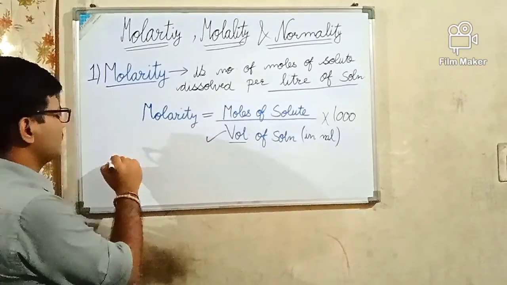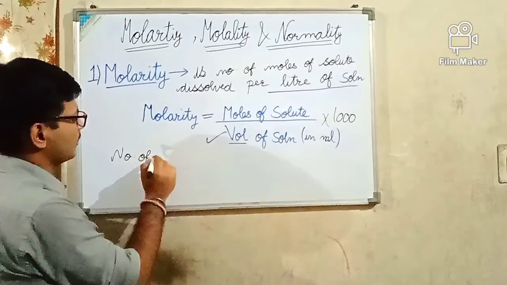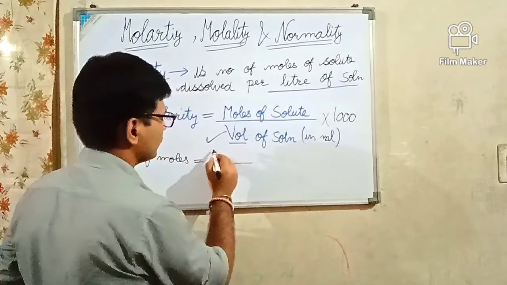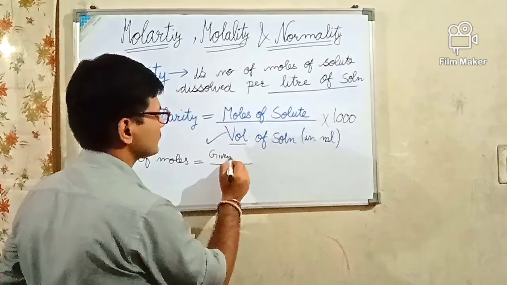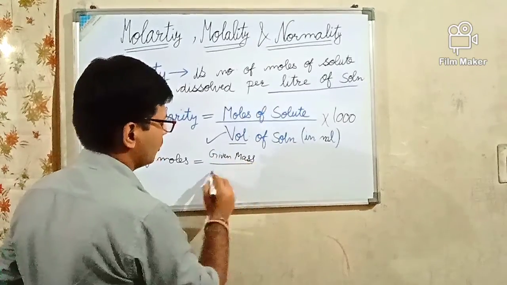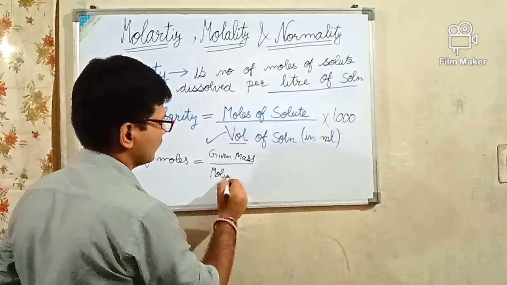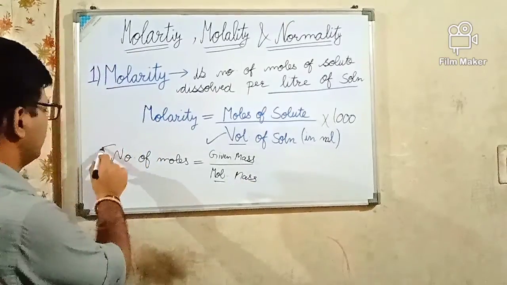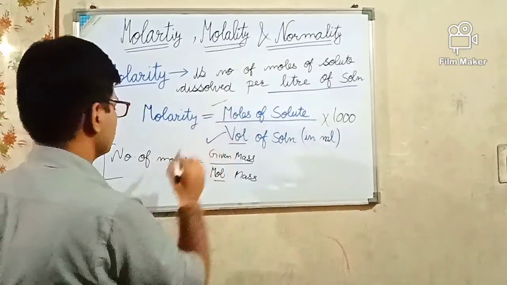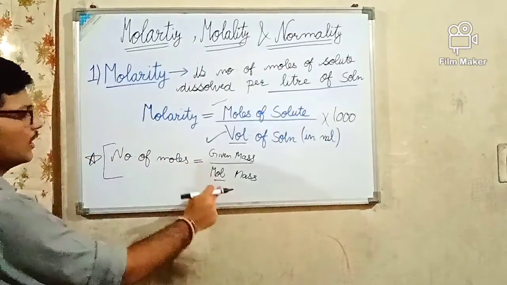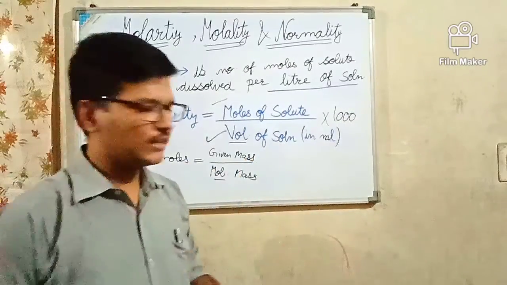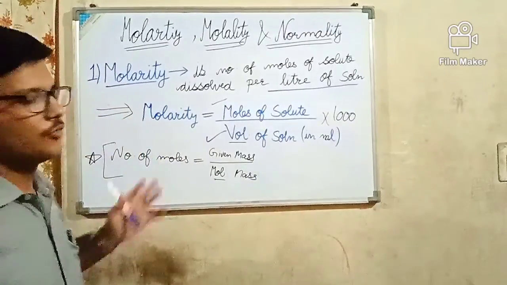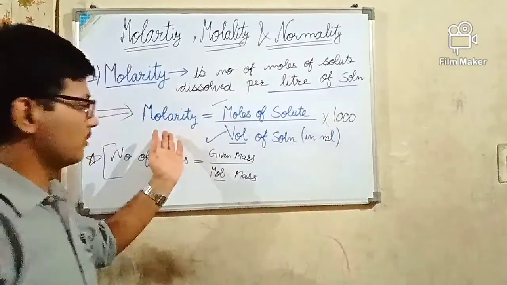And we know that the formula for the number of moles is equal to the given mass over molecular mass. First of all, we will calculate the number of moles of solute with this formula. The volume of solution would be given in the numerical, and when we put the values in this formula, we will easily get the molarity of the solution.